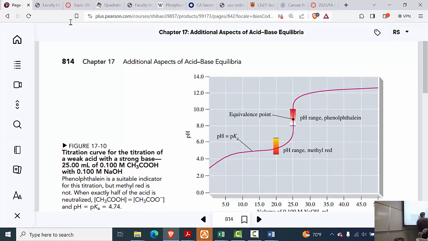Because if we're right at the half equivalence point, then we have a 50-50 mix of base to acid. A 50-50, like a 1-to-1 mix of base to acid, gives the most versatile buffer, because we can add acid, it stays fairly flat. We could add base, it stays fairly flat over the widest possible range. And so we call this the optimum pH of the buffer system.